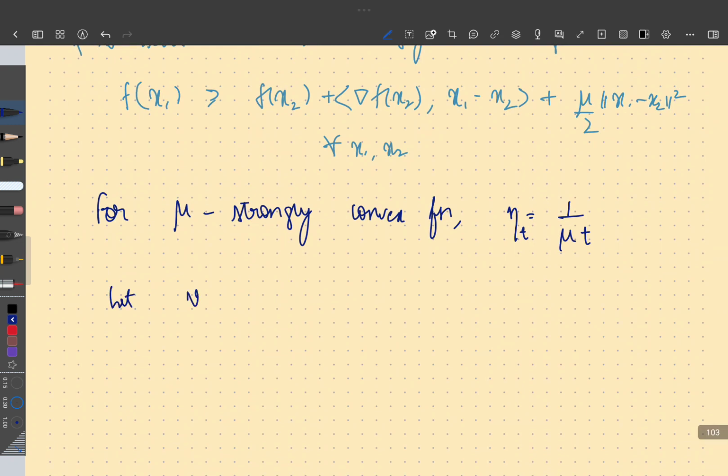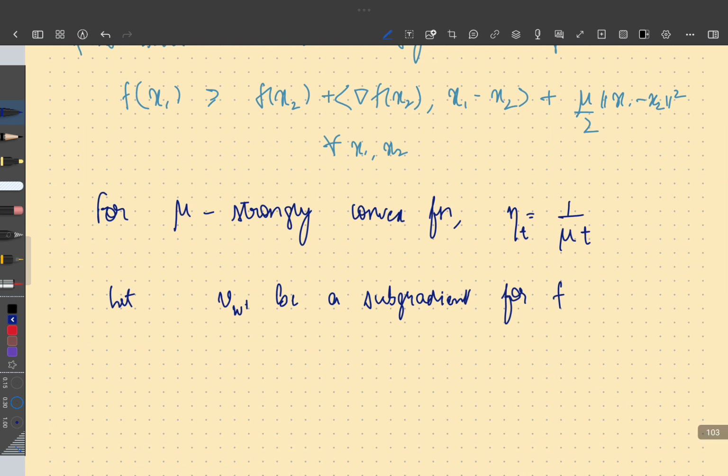So let v_t be a subgradient for f at w_t.